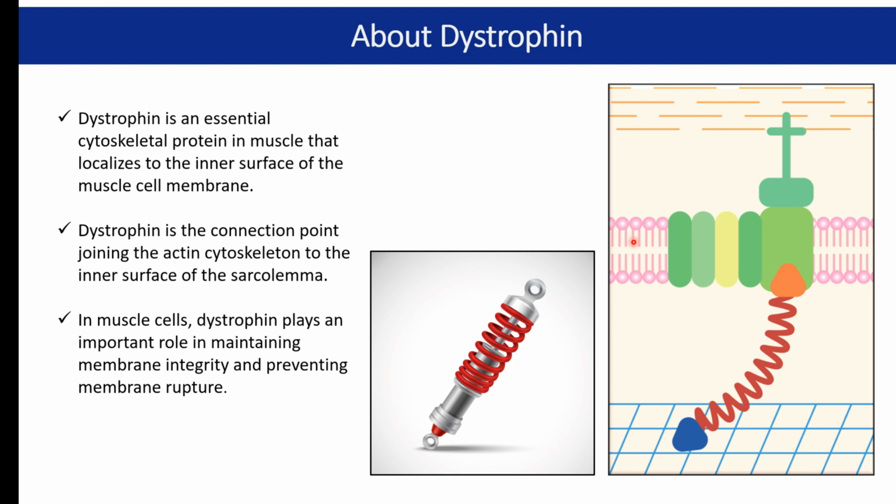Whenever the muscle contracts, it builds pressure on the membrane, and this is the function of the protein: it acts as a shock absorber. Whenever there is mechanical pressure, it is built in a way that prevents any kind of membrane damage. So you can very easily correlate it to a shock absorber.